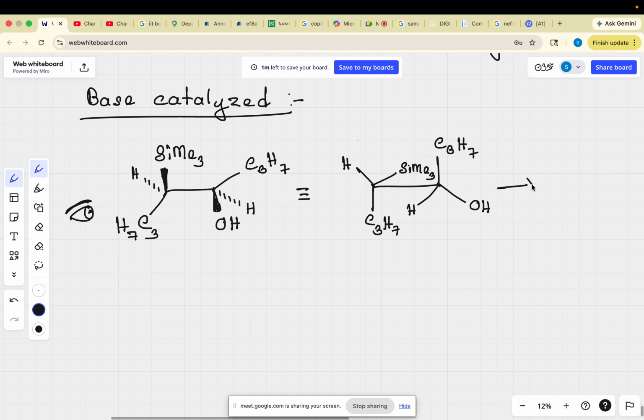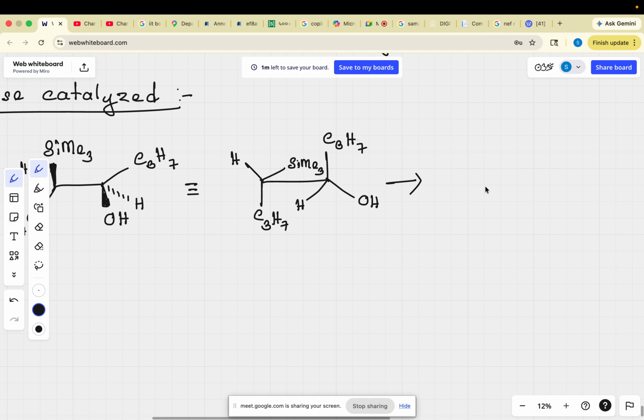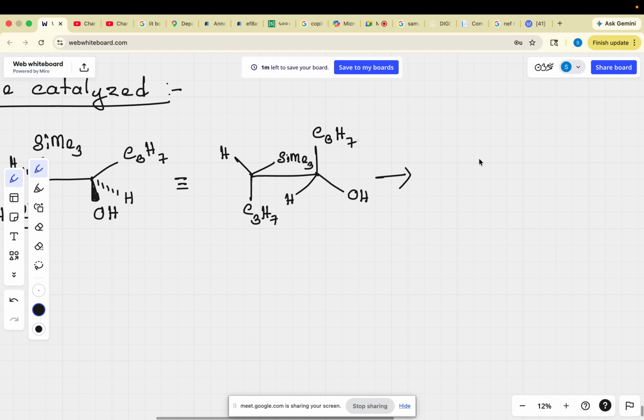Now rotate in such a way that SiMe3 and OH are on the same side. Suppose I am rotating SiMe3 by 60 degrees in the anti-clockwise direction and rotating OH by 120 degrees. Check what you are getting. So what will I get?